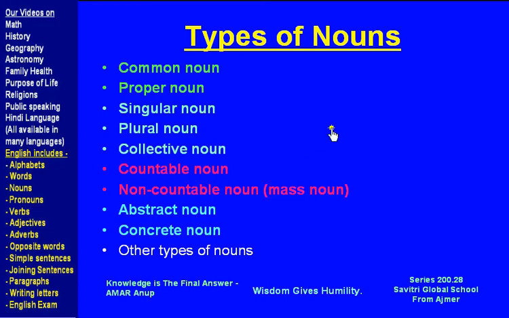So just as in your class, if I want to divide your class, I can divide in many ways. I can divide, okay, boys and girls. I can divide your class into boys versus girls. I can divide your class by people who are, say, below 4 feet of height and above 4 feet of height.